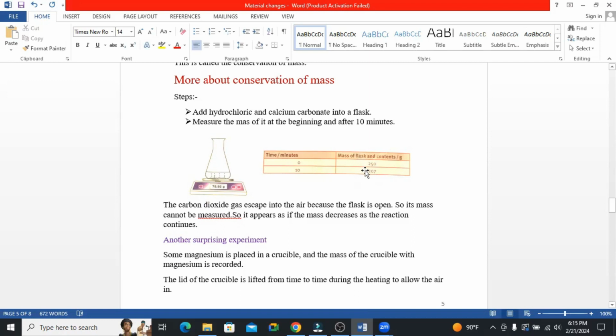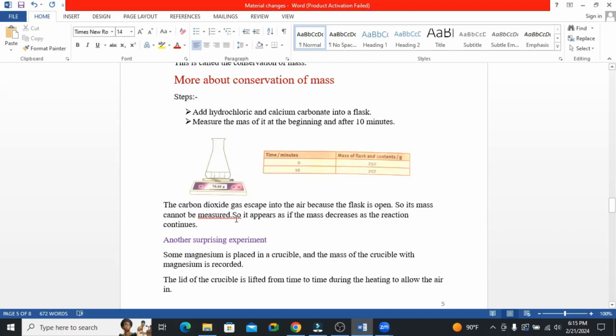We'll see the reason for that. Carbon dioxide gas is produced during the reaction between hydrochloric acid and calcium carbonate. That carbon dioxide is a gas and it is released out of the flask because this flask is open. It is not closed, so the carbon dioxide is released.